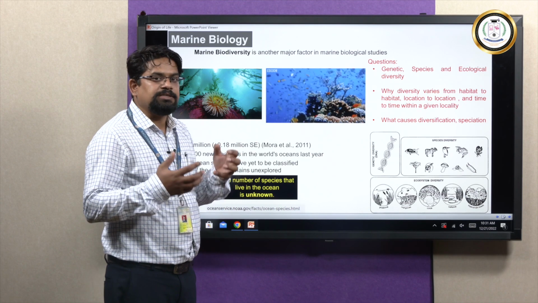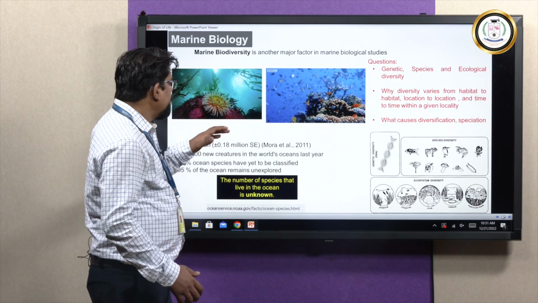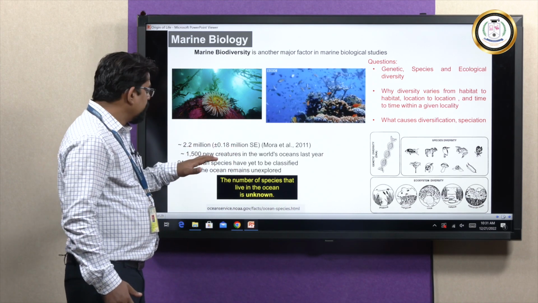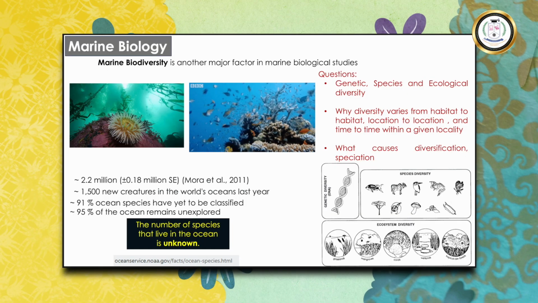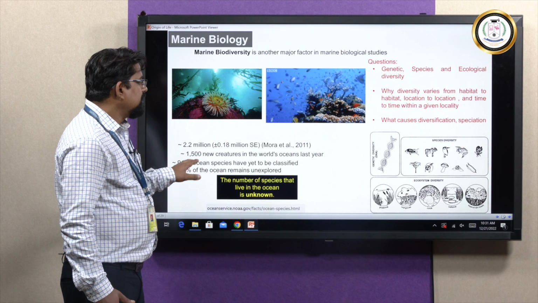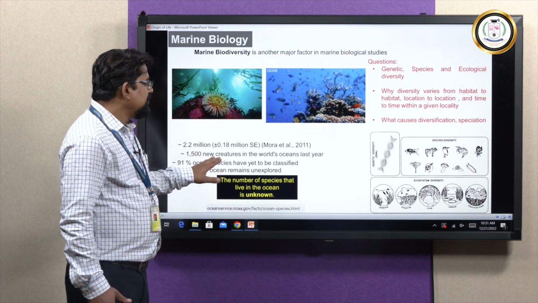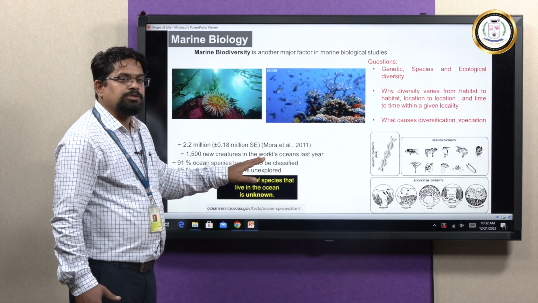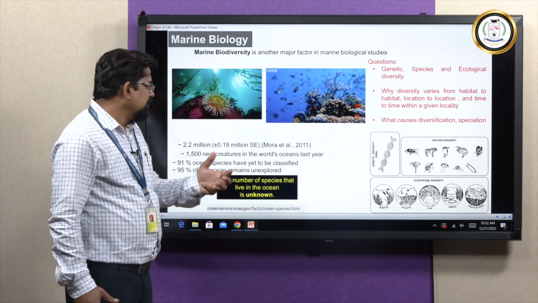What causes these diversification and speciation? One small statistic I will give you is that close to 2.2 million species are present in the marine environment, according to a study done in 2011 by Mora et al. Almost 1500 new creatures in the world ocean are being added every year.